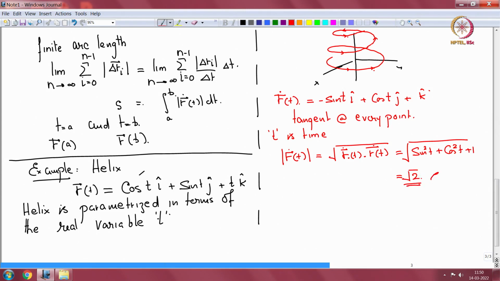So this is the speed at any point. Okay.